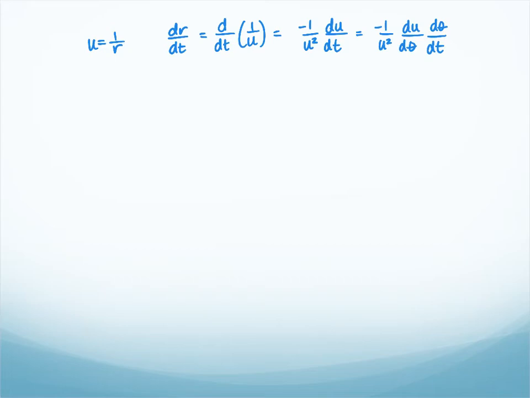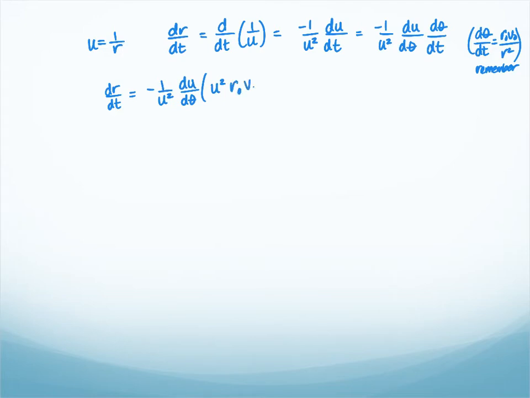And remembering, we found previously d theta dt can be written as r naught v naught over r squared, so we have to remember that. So dr dt can be written as minus 1 over u squared du d theta, and now we're going to make a substitution for d theta dt, but we'll write it as u squared r naught v naught.